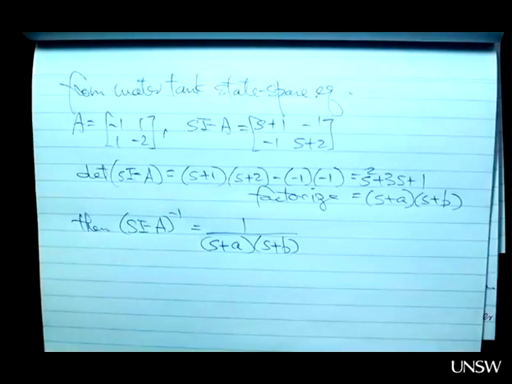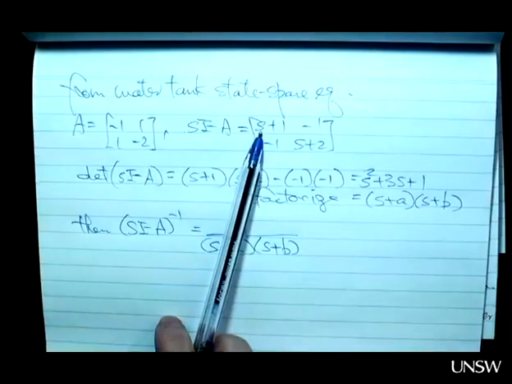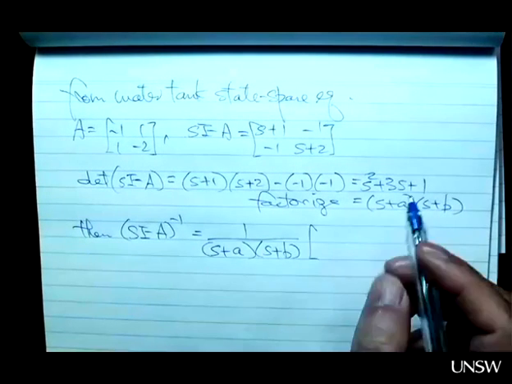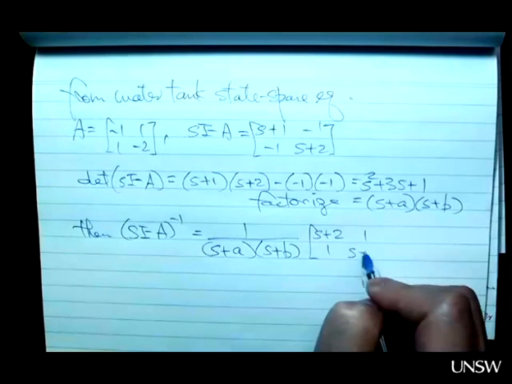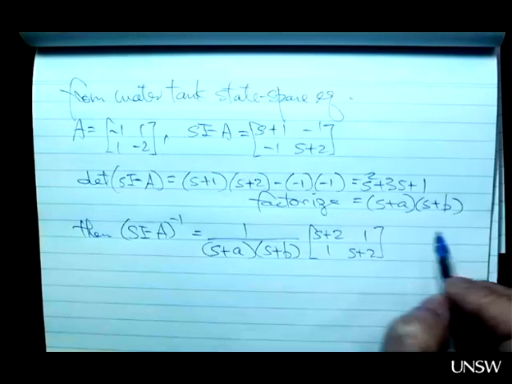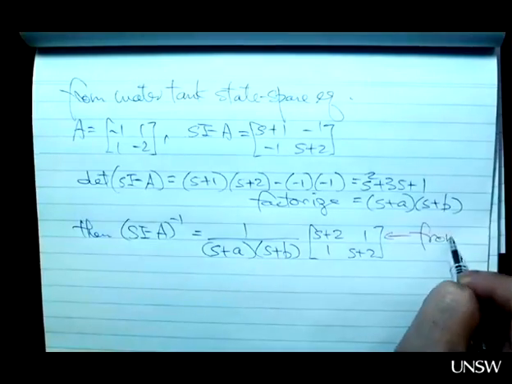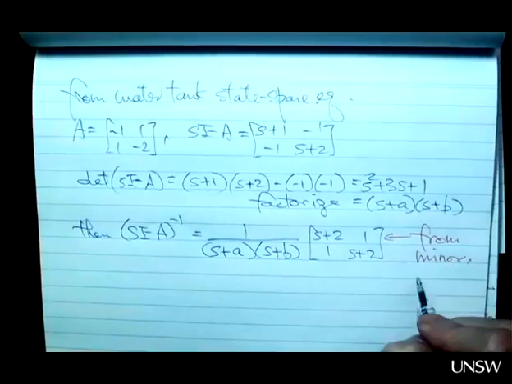And then if we carry out calculating the minor, the cofactor, and the adjoint matrix, we will arrive at this equation. So this is from our minor, cofactor, and then adjoint.